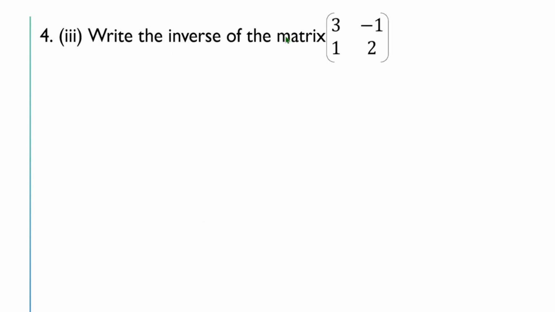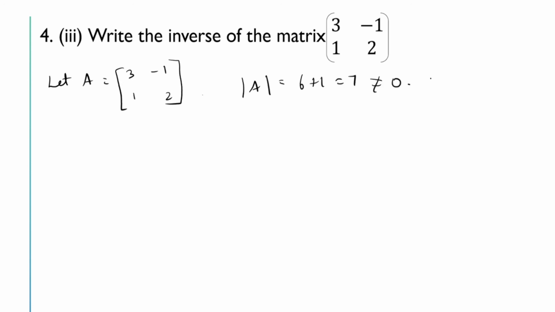Question, write the inverse of the matrix. Let A equal the given matrix. Now we find determinant of A, which is 6 plus 1, that is 7, not equal to 0.